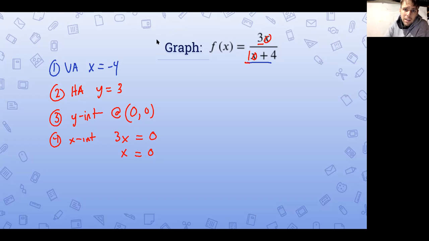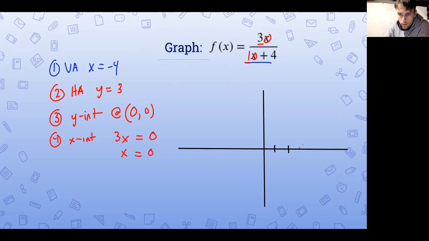After this is where we really need to rely on some technology to help us. But I'm going to sketch in some stuff that we know. I'm going to make my asymptotes yellow after I do something. When we're graphing these, we're not looking for an exact perfect thing.